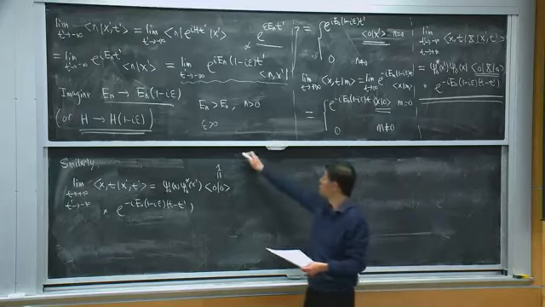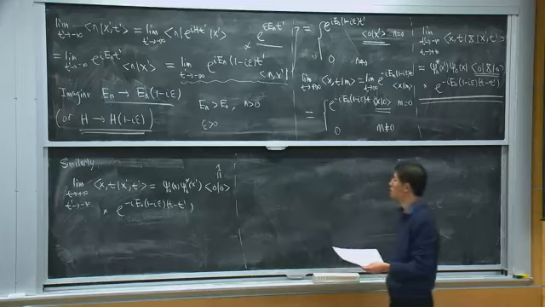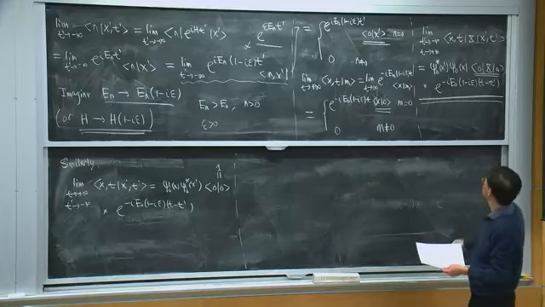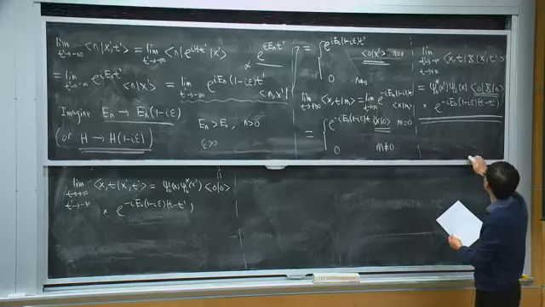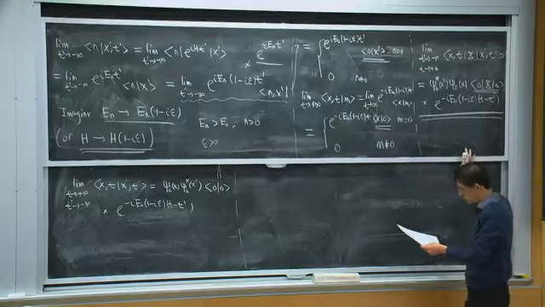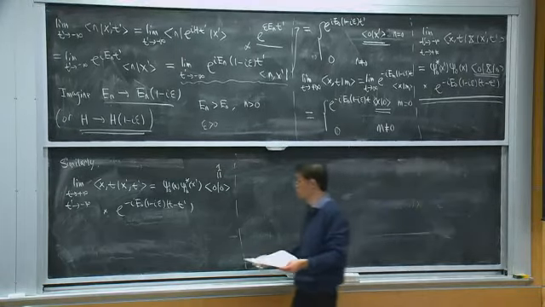So now we can just find Gn. So this object is Gn. Gn can then be defined as the ratio between the two.